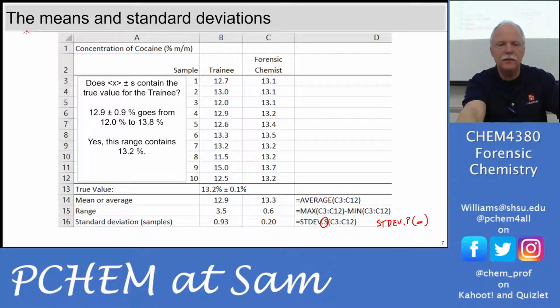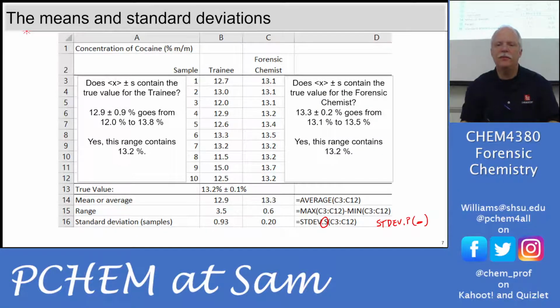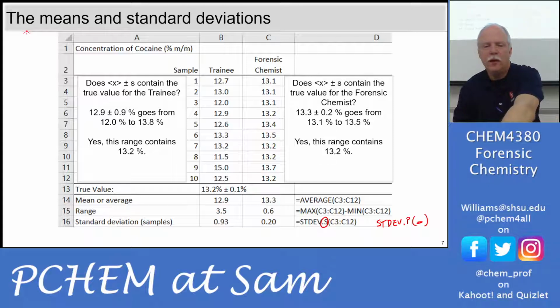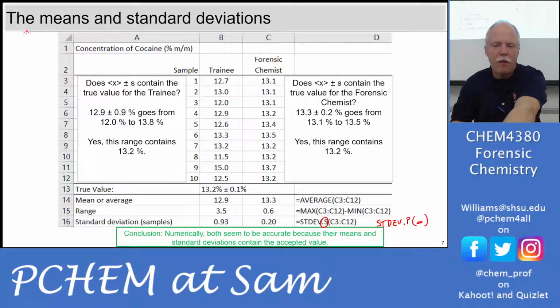There is a bias, though. And then the same with the forensic chemist, their range also captures the true value. We really couldn't tell that necessarily from the graphical methods, but it's nice to have the numbers. So numerically they both seem to be accurate because their means and standard deviations contain the accepted value.